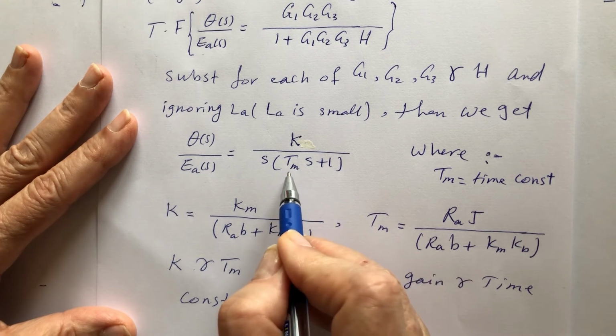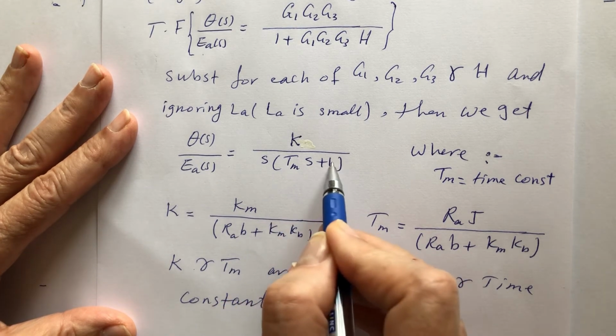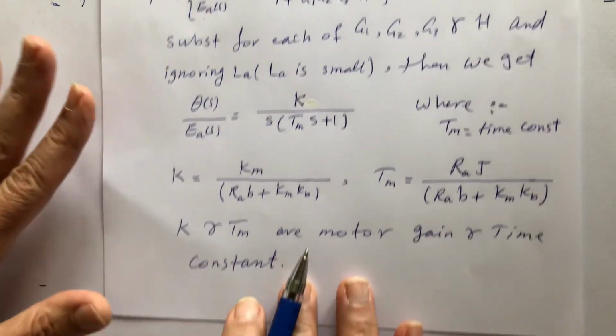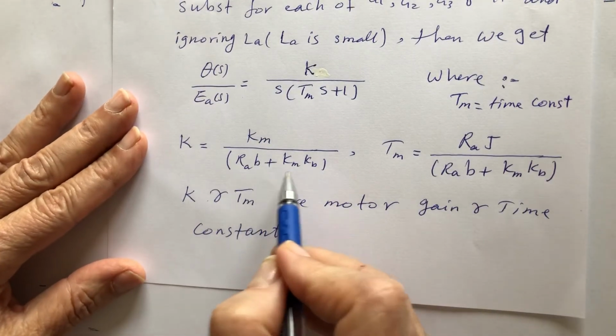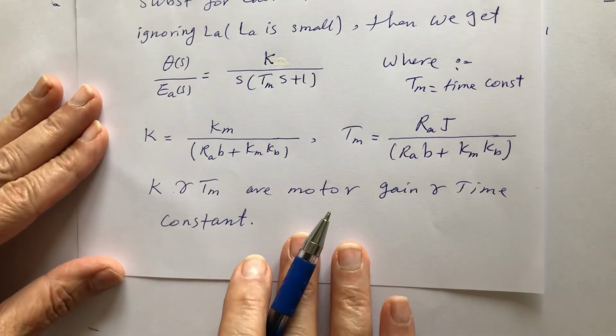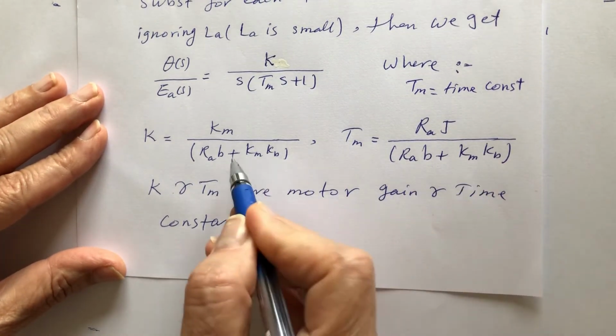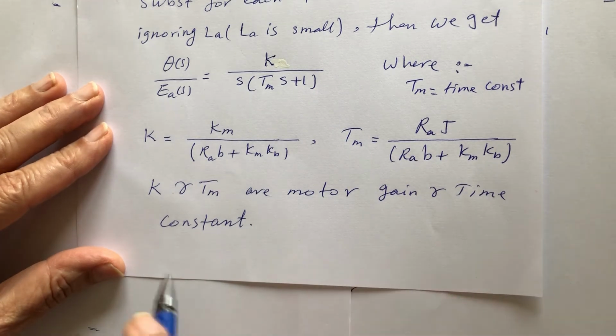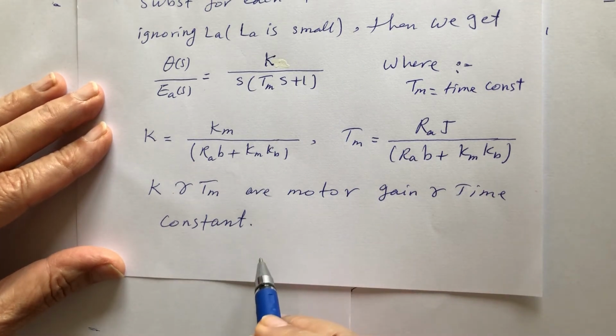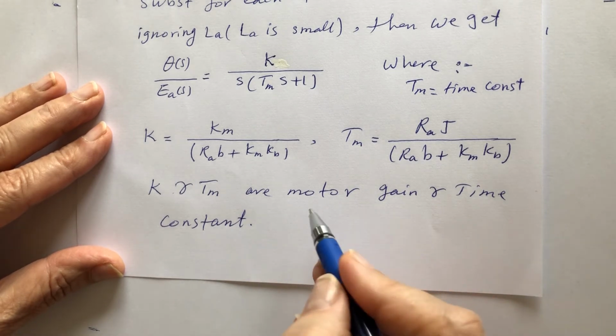You know that Tm is equal to 1 over the root, so it's the same. Where K equals Km over this, and Tm equals R J over the same denominator. K and Tm are the motor gain and time constant of the system.